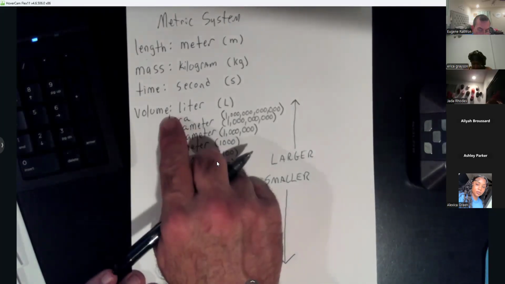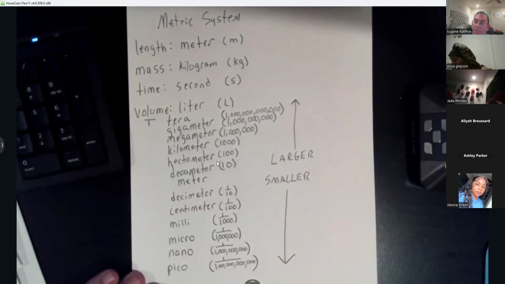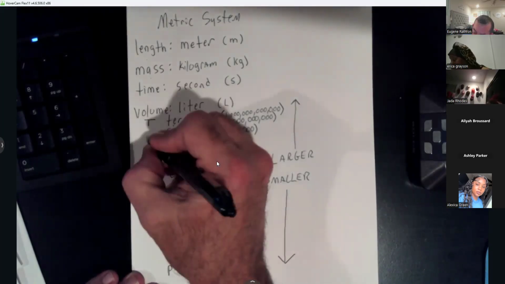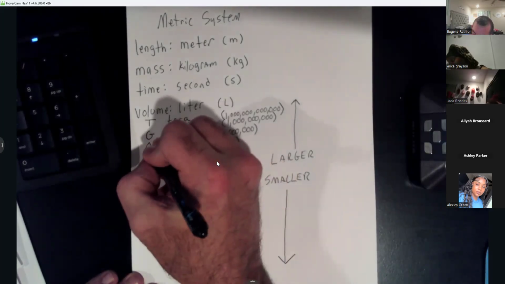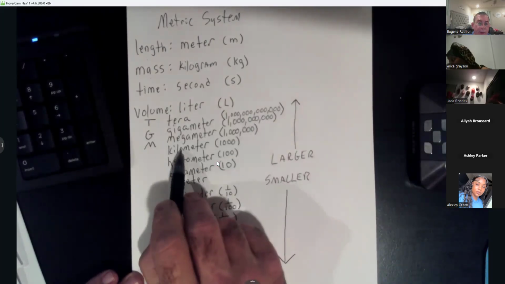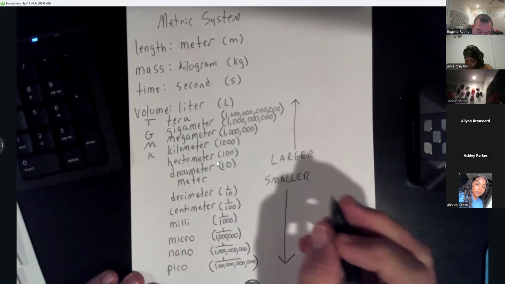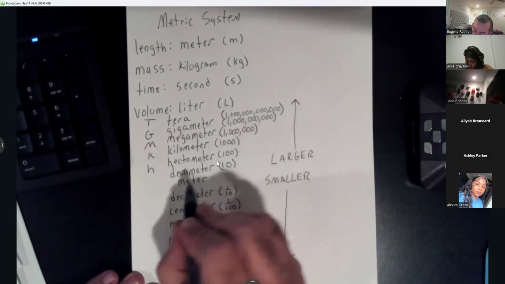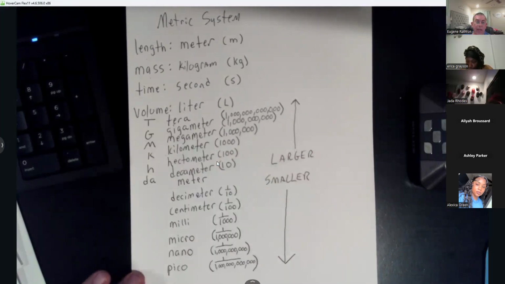Okay, so definitions. The symbol for tera is a capital T. Symbol for giga is a capital G. Mega is a capital M. Kilometer is a small k. Hectometer, they use a small h. And then deca, they use a DA.